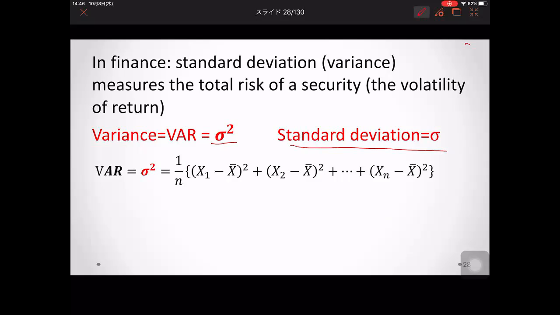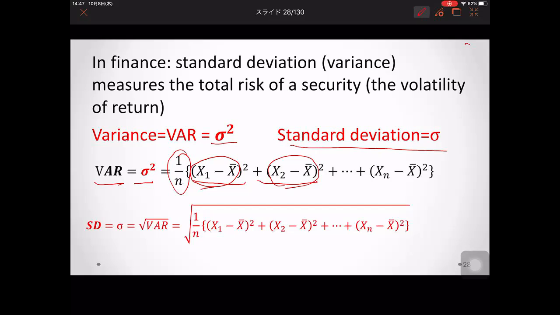The variance, sigma squared, is the average of the squared deviations, the deviation for x1, the deviation for x2, and so on. The standard deviation is just the square root of the variance, or you can simply put them in the same formula. It's the square root of the variance, and the variance is the average of the squared deviation.